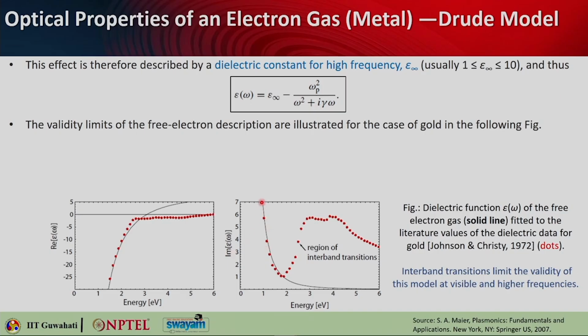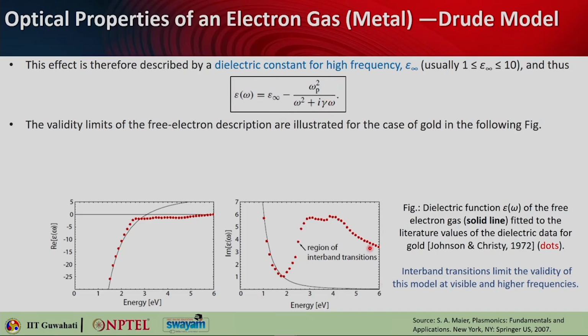Similarly, in the case of the imaginary part also, up to this, the free electron one, 1 minus omega p square over omega square plus i omega gamma, is doing decently well, but as soon as the region of interband transitions enters, you are not able to see a good fit between the experimental data and the free electron description. So you should actually use this particular model that covers the entire thing.